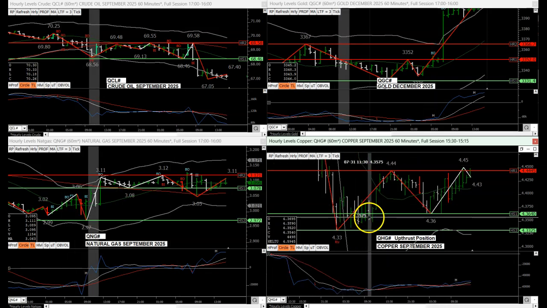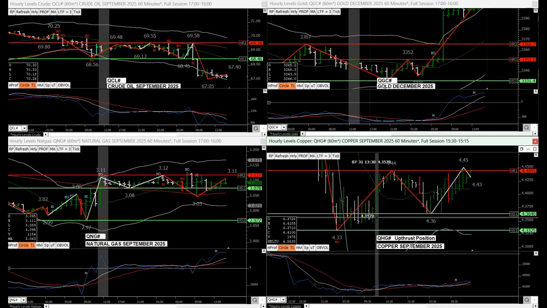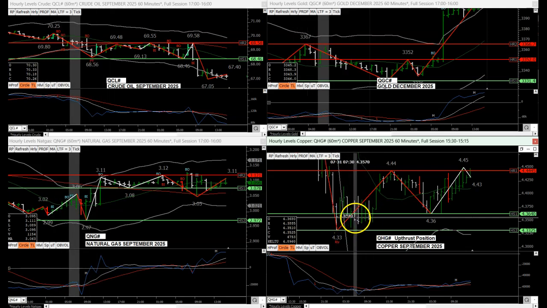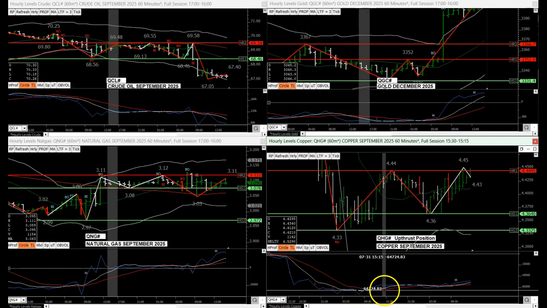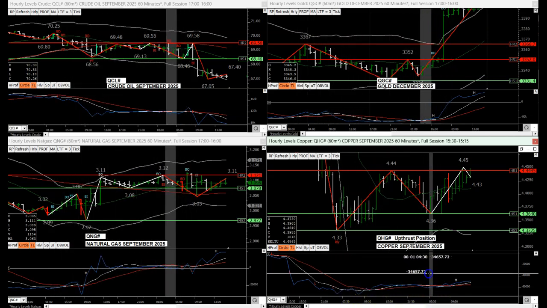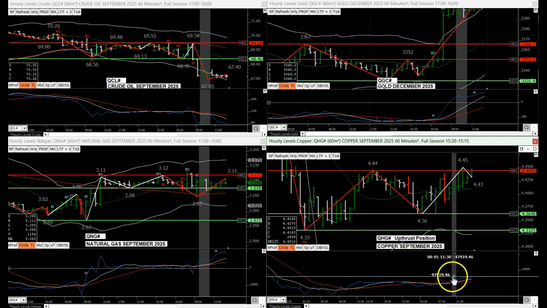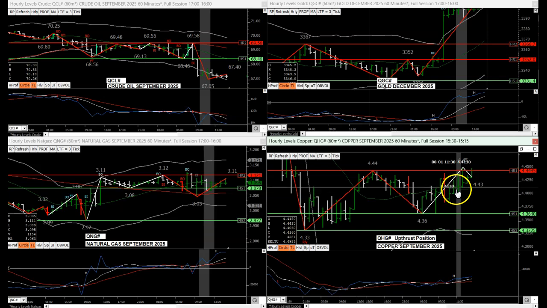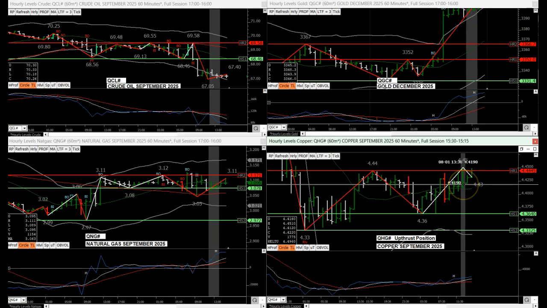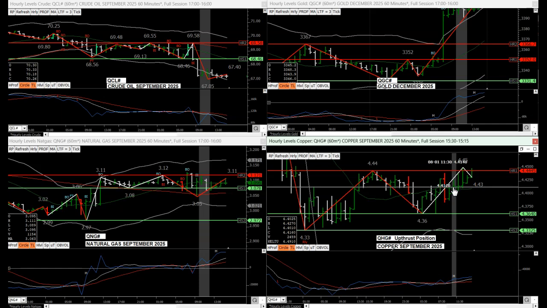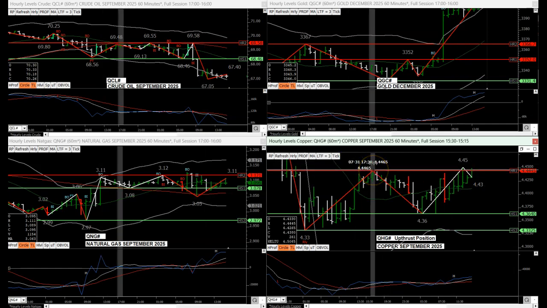So this is copper. All right, so we already made the lows. Now I'm trying to figure out if this is going to go higher or not. Here we get the indication on this green bar, 2 hours prior, that price is going to take out this high.